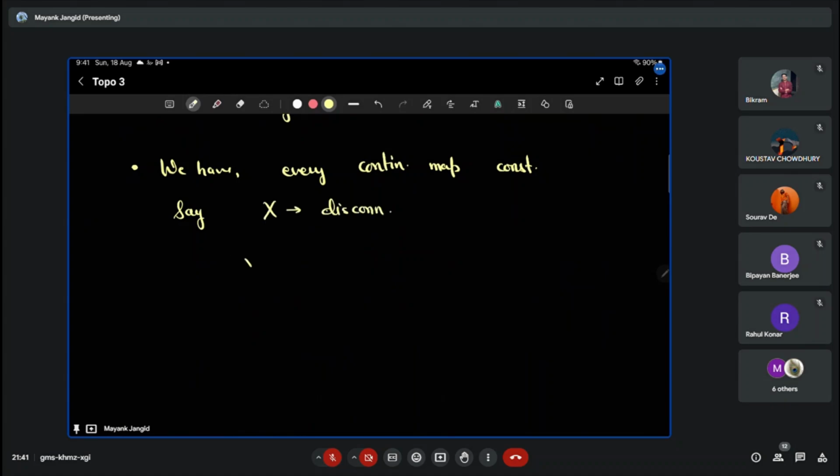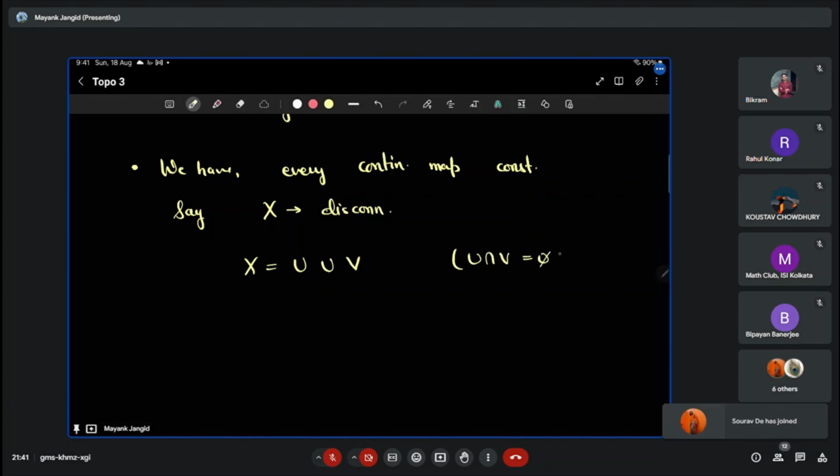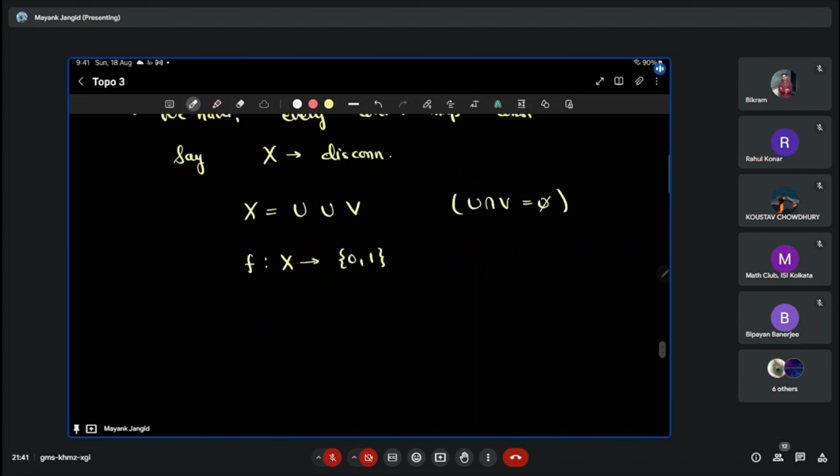Therefore, I can write X as U union V, where U intersection V is empty and U and V are open. Define a function f from X to discrete 0, 1 such that f restricted to U is 0 and f restricted to V is 1. And by a similar argument to the one we did before, this map is continuous.